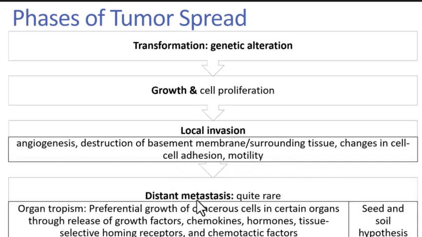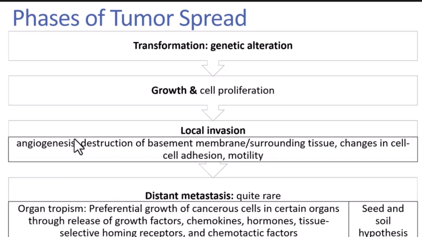In terms of distant metastasis, overall it's considered rare for somebody to be diagnosed with stage 4. But once distant metastasis does occur, and we're into stage 4, some of the features that we would see at this stage include preferential growth of the cancer cells in certain organs.